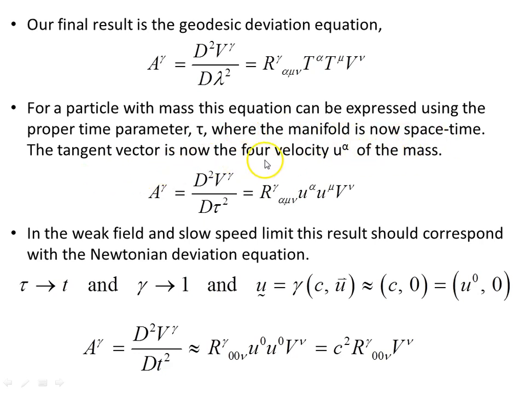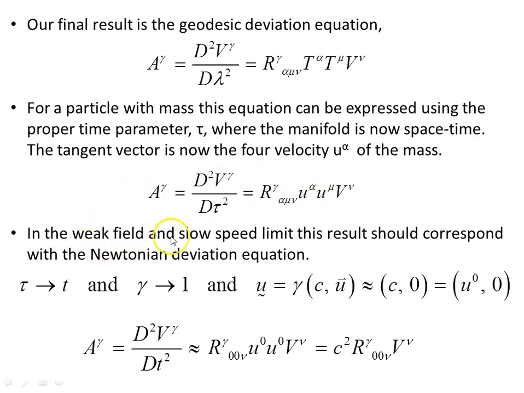So the tangent vector is now the forward velocity u alpha of the mass. So we replace the t here, the tangent in this case becomes the forward velocity of the particle as it moves, a freely falling particle in curved space-time. There's its forward velocity, that becomes tangent to its world line. That's this object here.